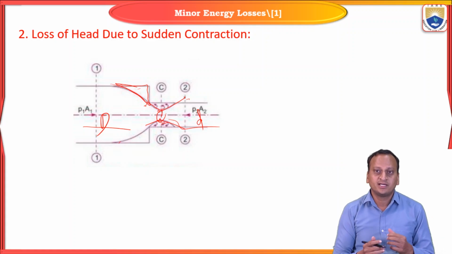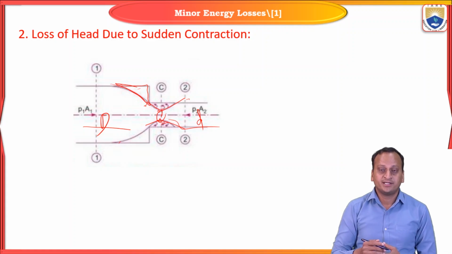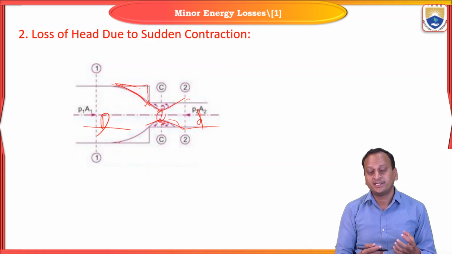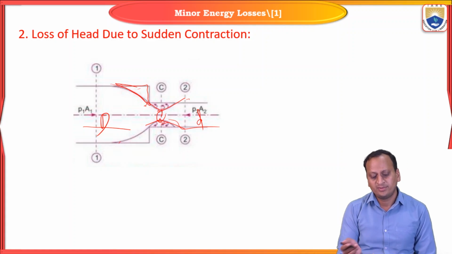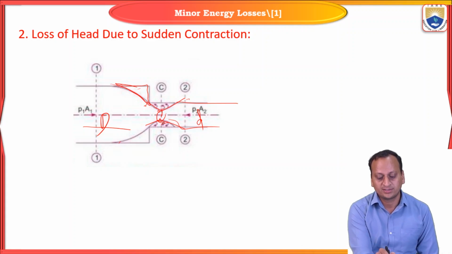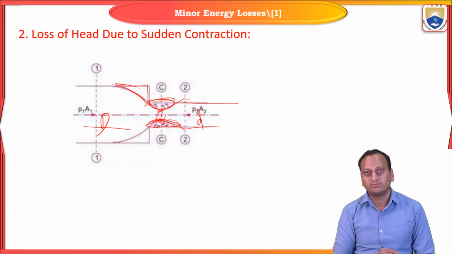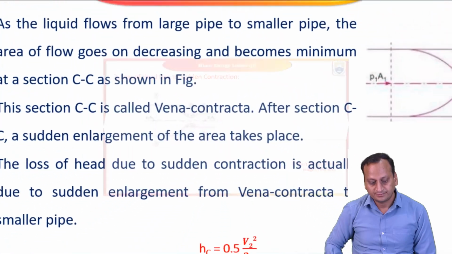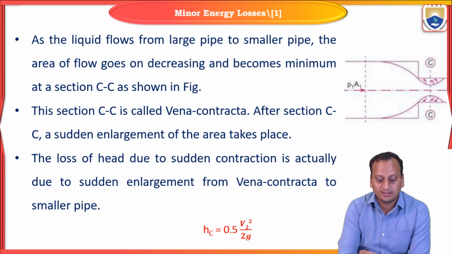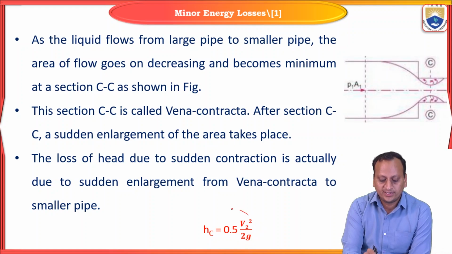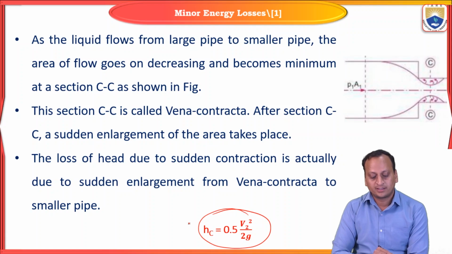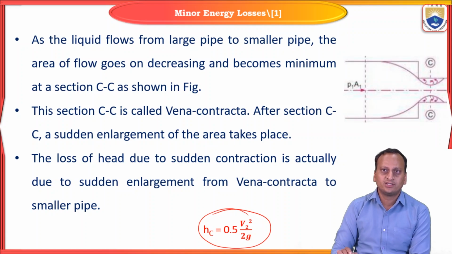In the divergent portion, gradually the fluid particles again attain energy, and again follow the path of the pipe. But there is a loss, because the separation takes place. So here the loss of head due to sudden contraction can be given as 0.5 V2 square by 2g.